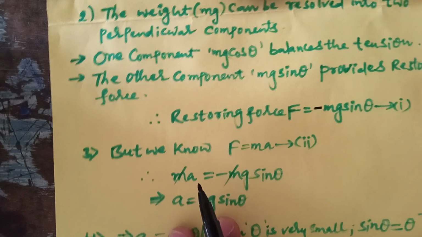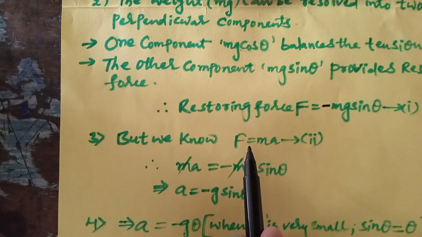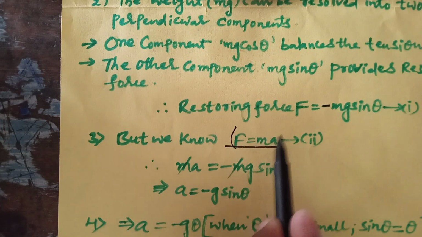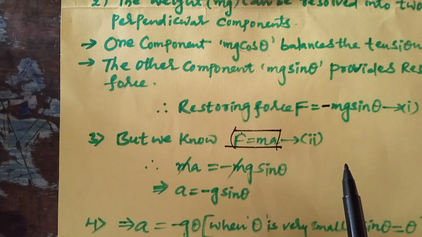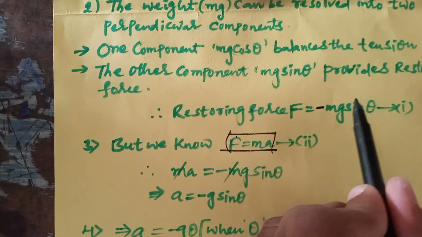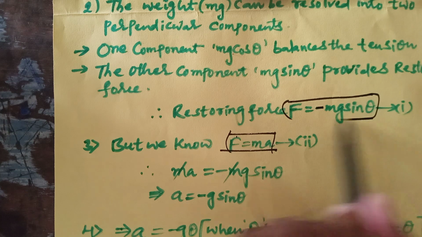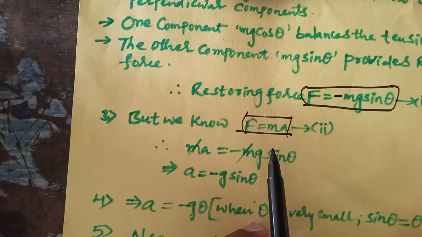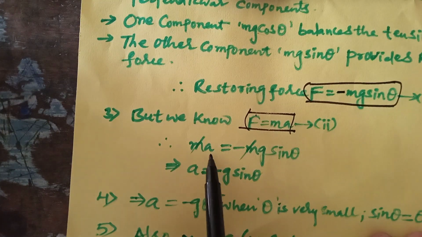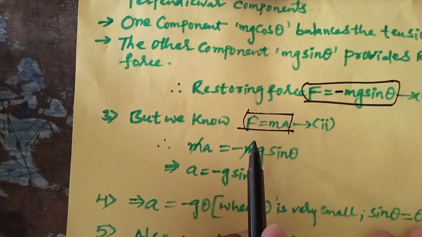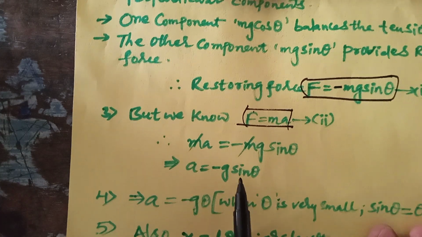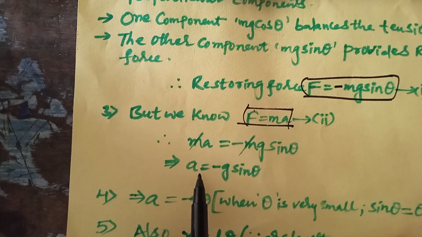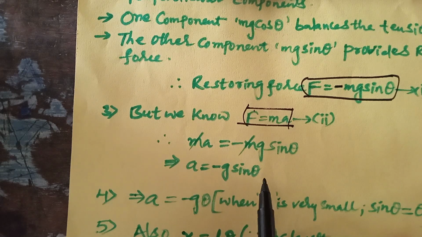Now, from Newton's second law, F is equal to ma. Compare these two: ma is equal to minus mg sin theta. Here the m terms cancel, so the remaining term is a is equal to minus g sin theta.